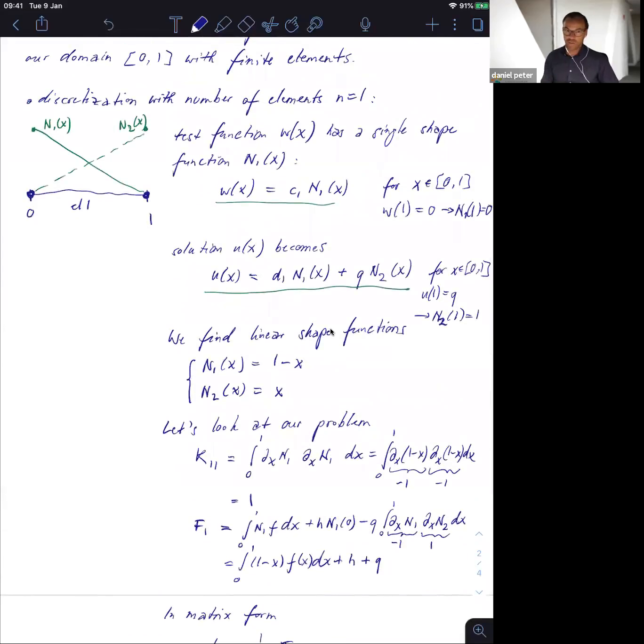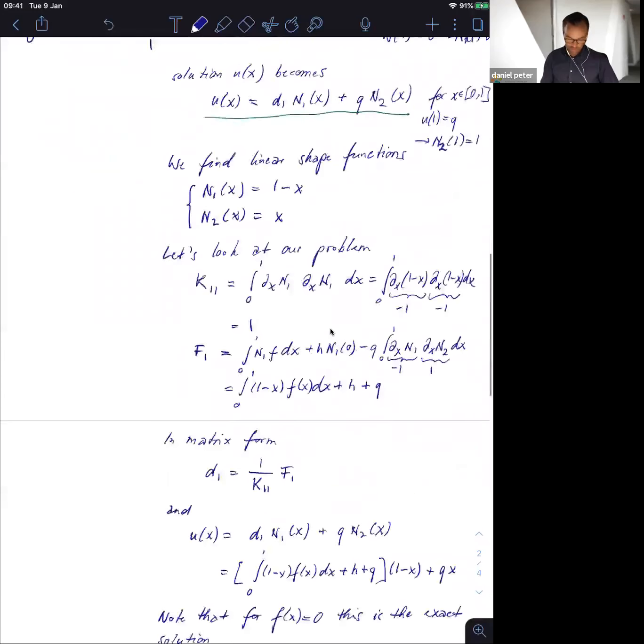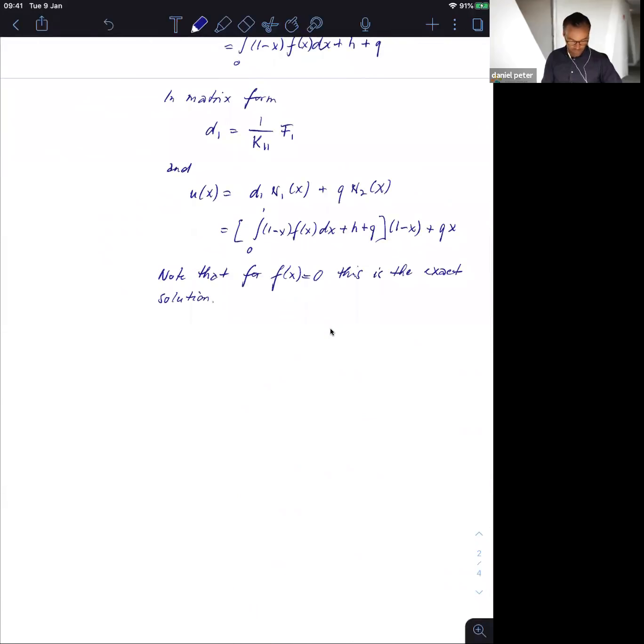Then we just, instead of using one element, we use 2 elements. So now let's choose a discretization with 2 elements. And the point that we want to come to is basically just to see how it increases the degrees of freedom for our problem. So above you saw the only degree of freedom was D1.